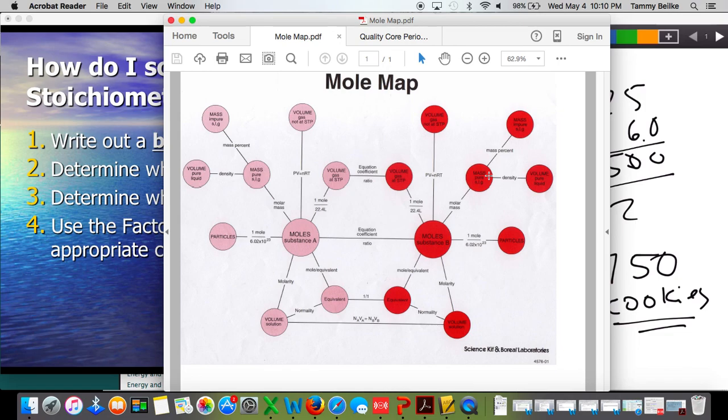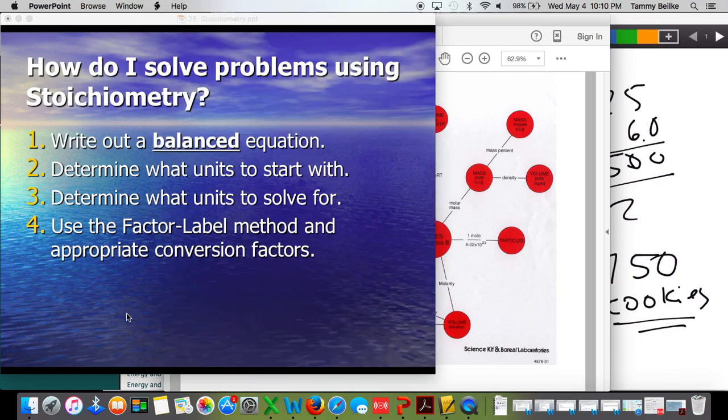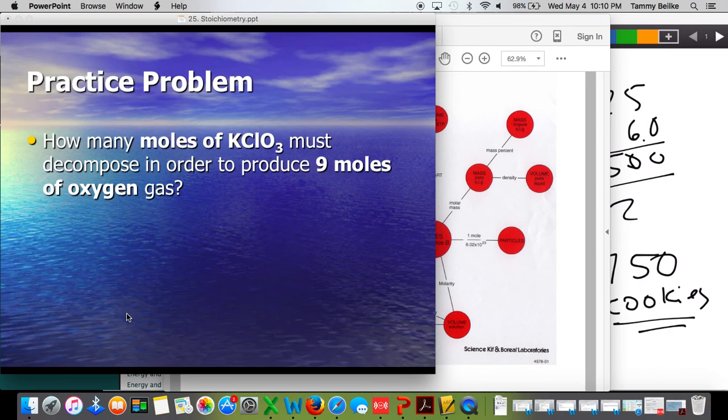Okay? Most often, it's just going to be 3 conversion factors. Okay? And they often are the same 3 conversion factors. Alright, so we're just going to dive into some practice problems.